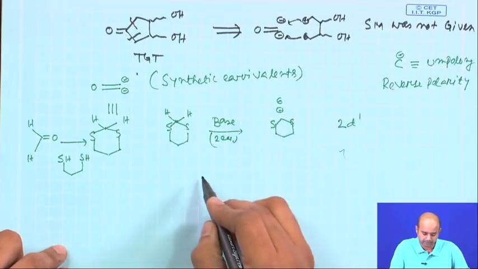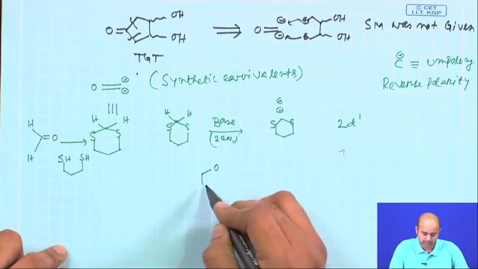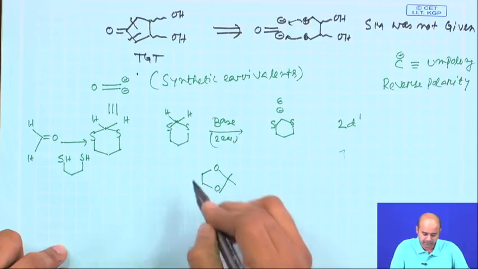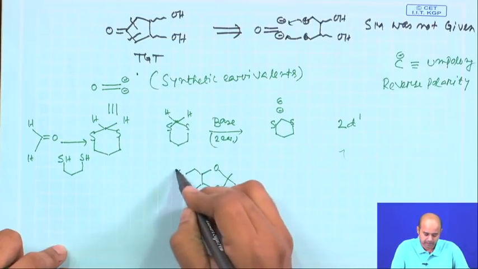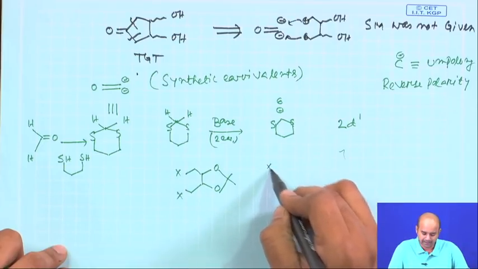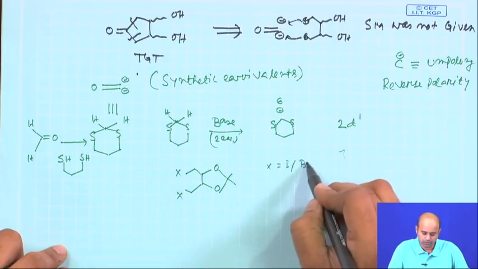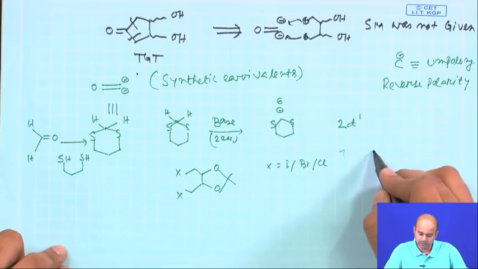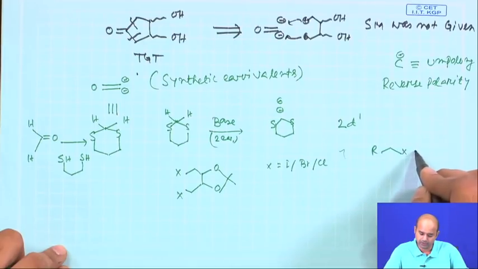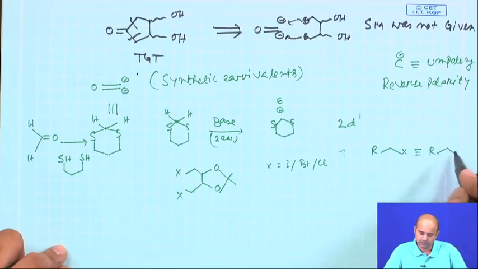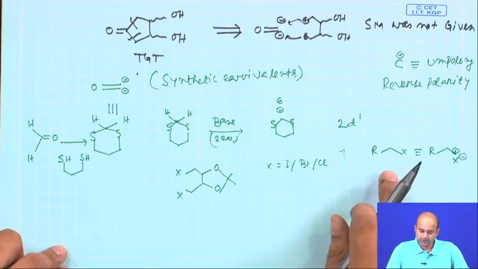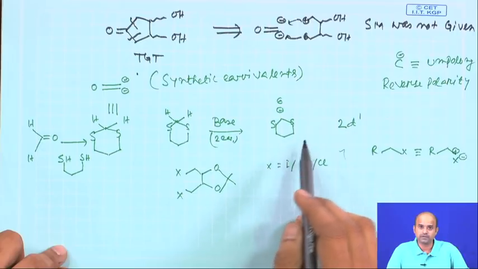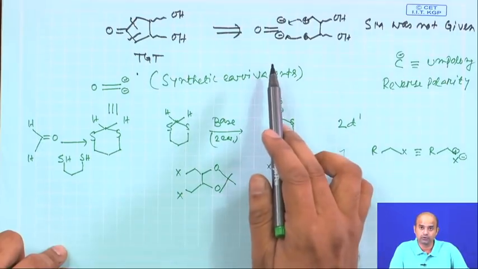Now, coming to the right hand side, if you have a compound something like this, X stands for iodo or bromo or even chloro, meaning CH2Cl, any alkyl halide, you can potentially write it like RCH2 plus and X minus. So, this iodo species is potentially viewed as an electrophile and this is a nucleophile.